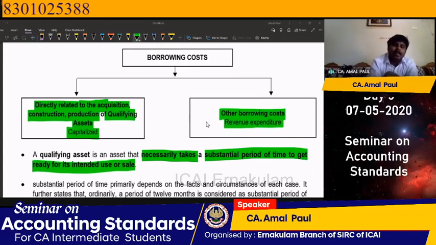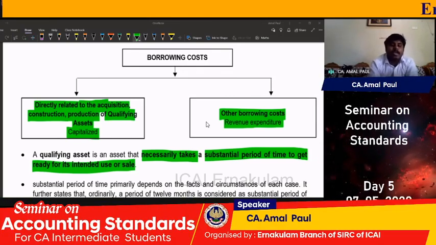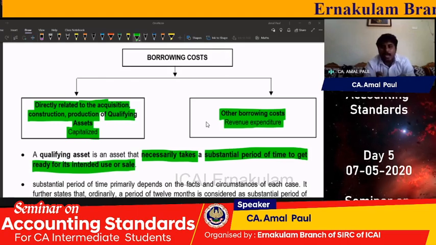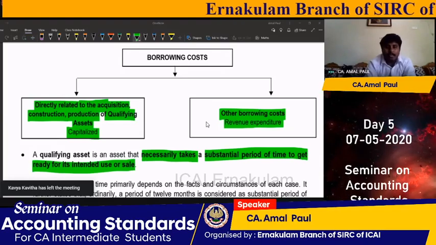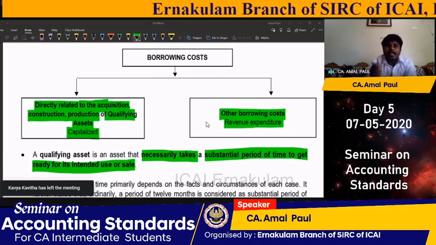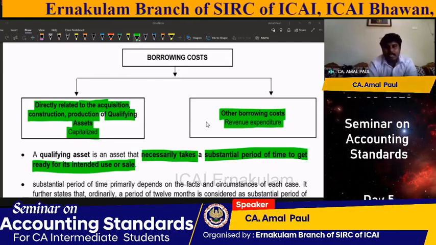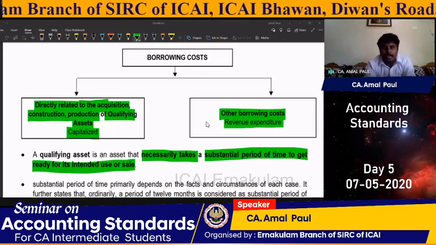Therefore, there will be a substantial period of time to get ready for its intended use. So likewise, you have to analyze whether any time is required for this asset to make it ready to use or ready for sale. Then only it will meet the definition of qualifying asset.